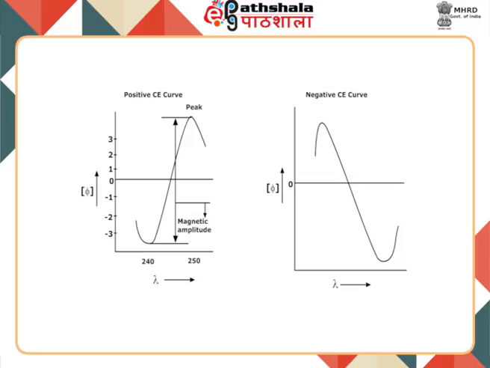That means a positive Cotton effect curve has its peak at the longer wavelength region, while the Cotton effect is called negative if the optical rotation first decreases as the wavelength decreases. That implies a negative Cotton effect curve is defined as having its trough appear at the longer wavelength.